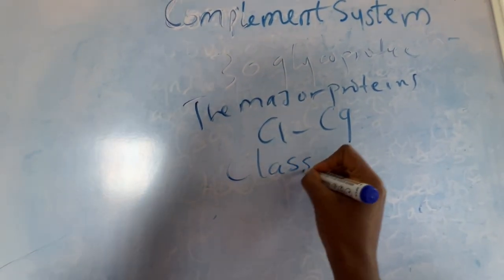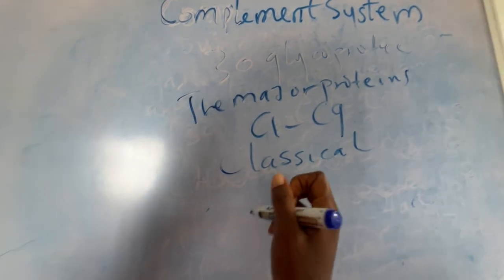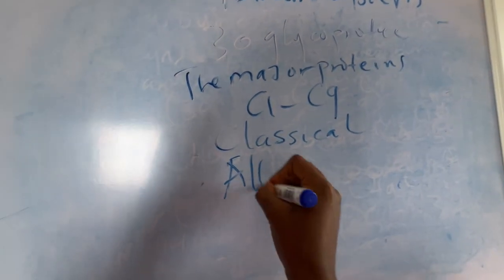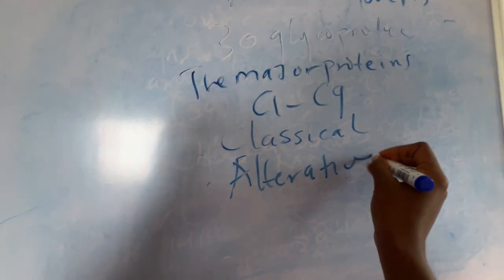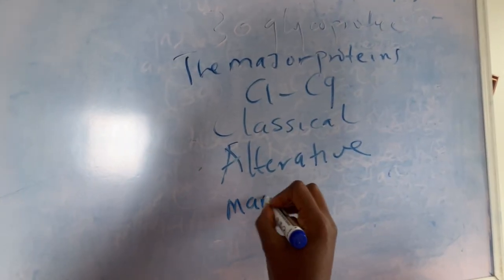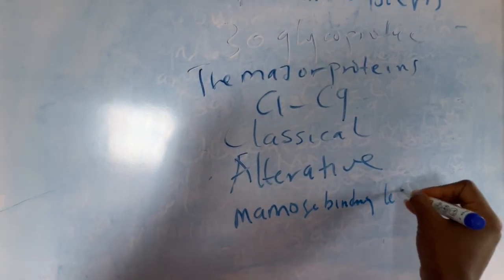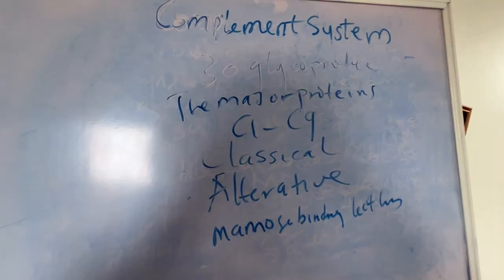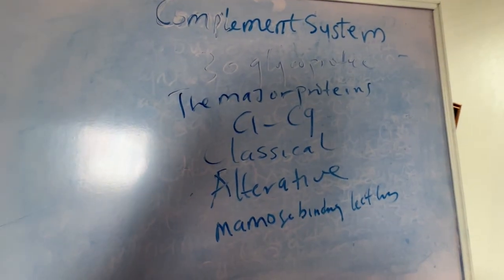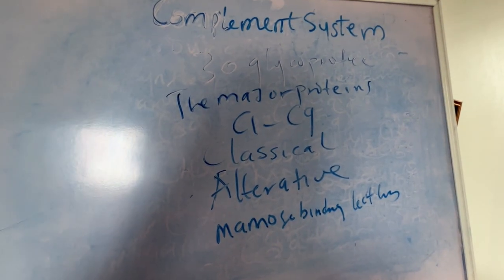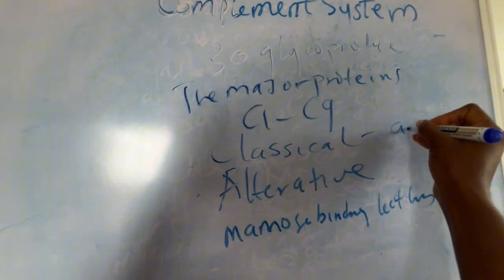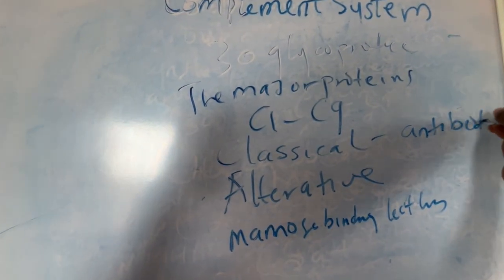The first is the classical pathway. The second is the alternative pathway. And the third is the mannose binding lectin pathway.